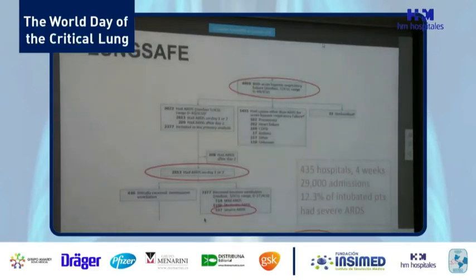Observationally, what are we doing currently? In the recent LUNG SAFE study, out of 29,000 admissions across the world, almost 4,500 had acute hypoxic respiratory failure. The number drops to about 2,800 with ARDS. Of those, only 48 received ECMO. That's somewhere in the 5% or less range.